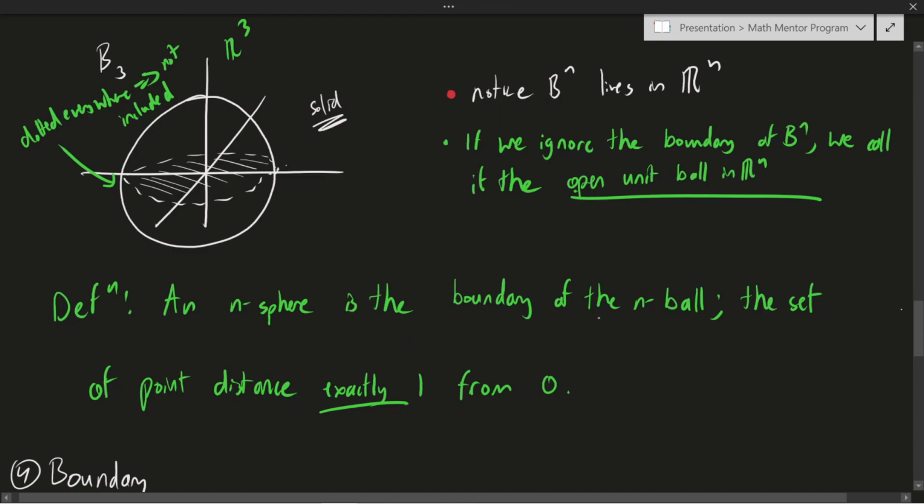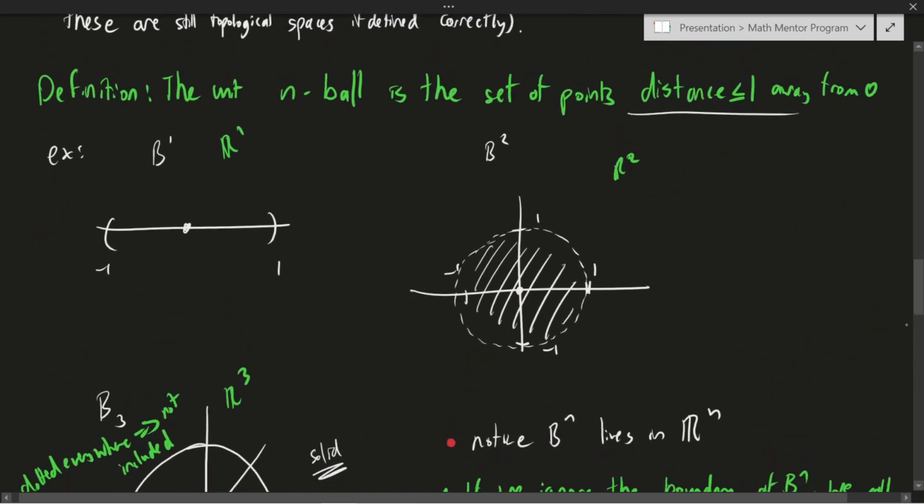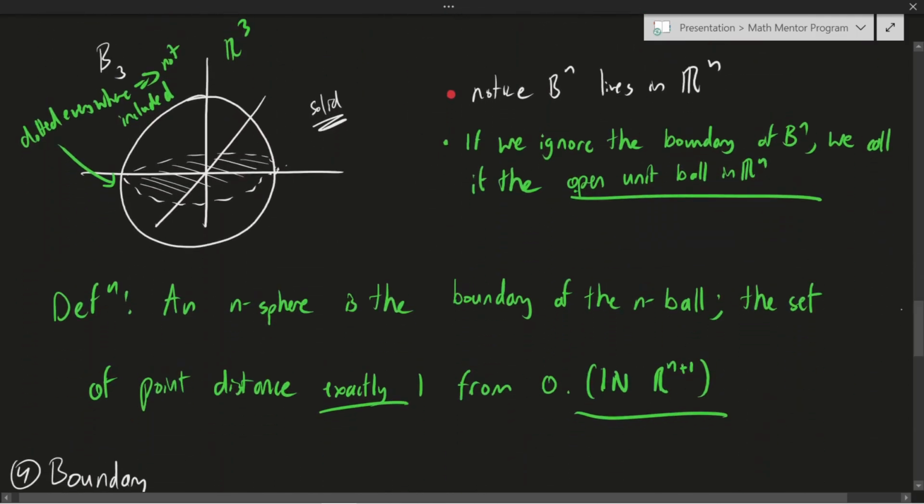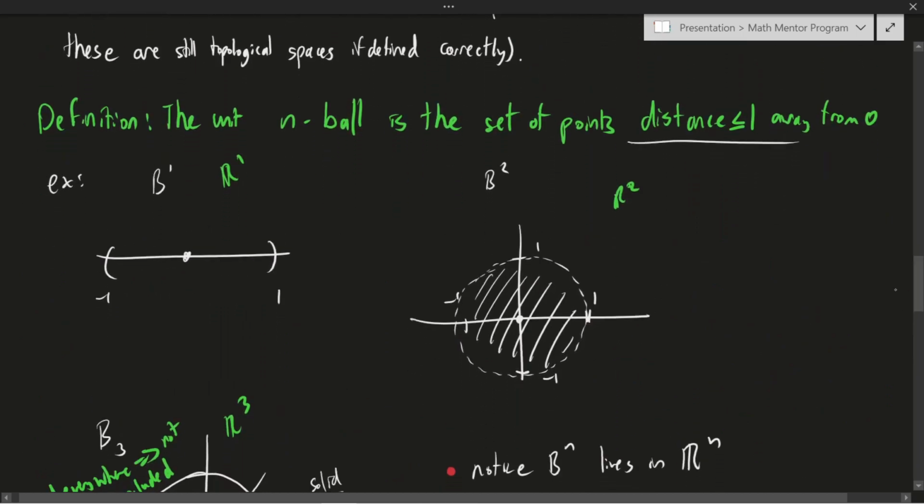The n-sphere is the boundary of the n-ball, and it is the set of points that are exactly 1 away from 0, not in Rn, but in Rn+1. Okay, and this is a super important point. People will always mess this up.